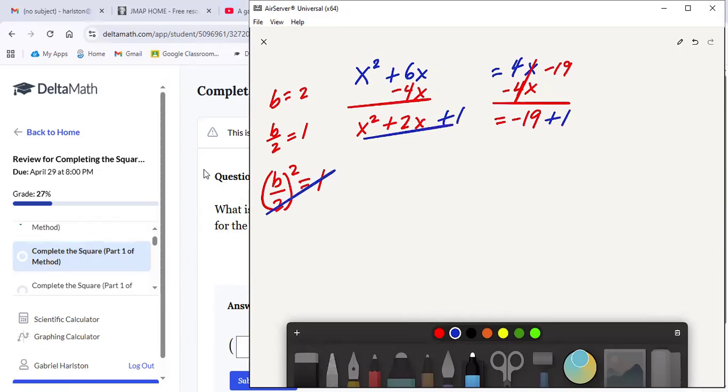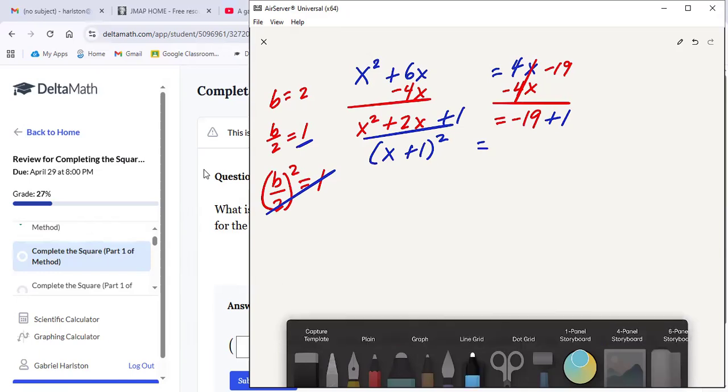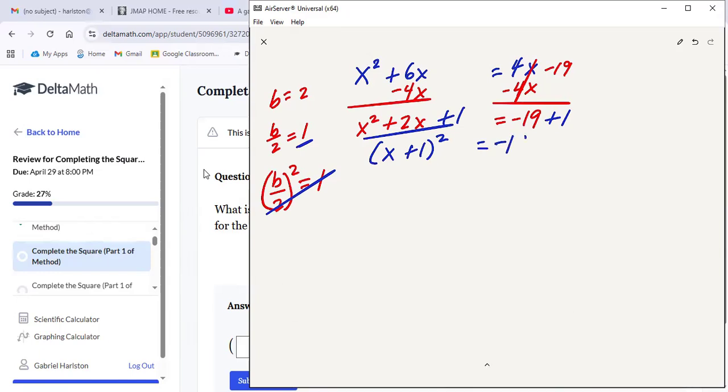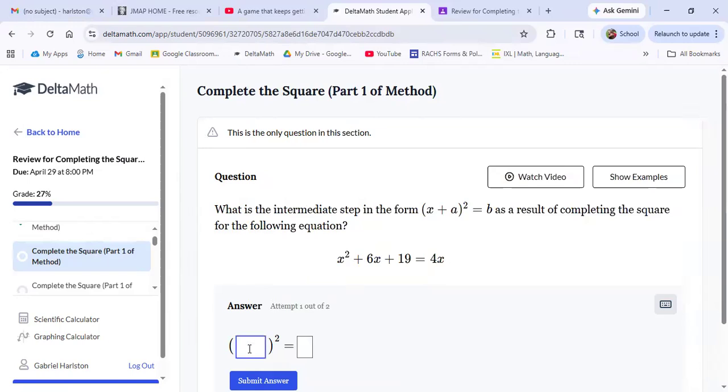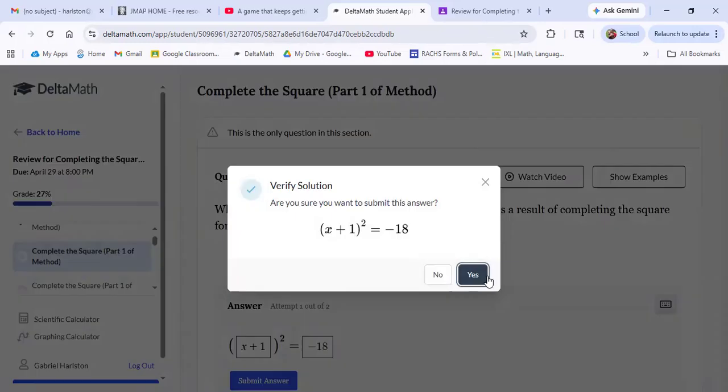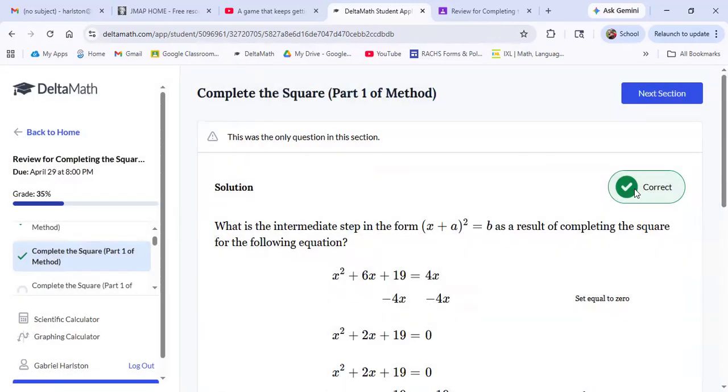Then we rewrite this as x plus 1 squared equals, and negative 19 plus 1 is negative 18. I think that's where they want us to get. So we say x plus 1, and the constant is negative 18. Then we submit it, and let's see what we got. Yep, it liked it.